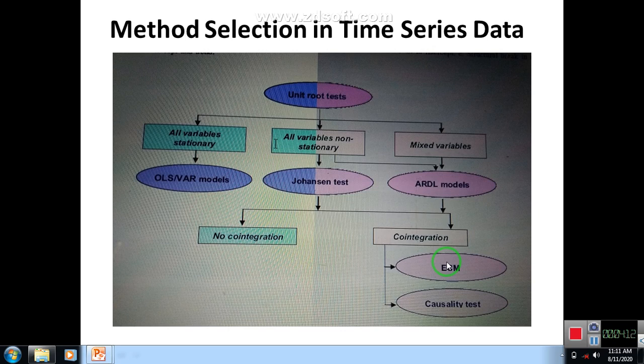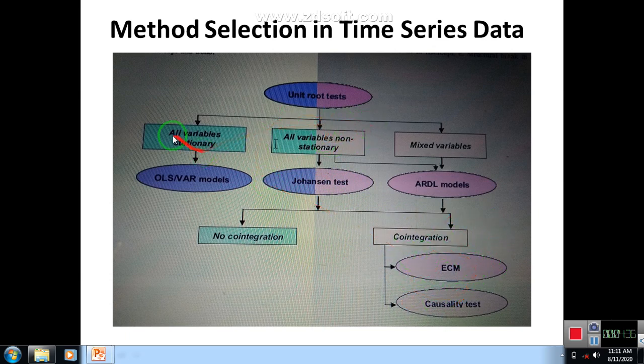The error correction model tells us the speed of adjustment towards long run equilibrium. If there is a long run relationship in the model, then how much time will it take to adjust towards the equilibrium?